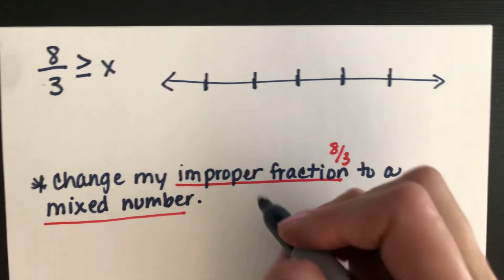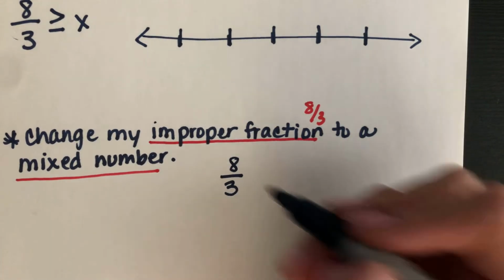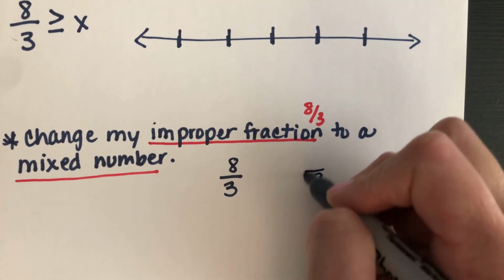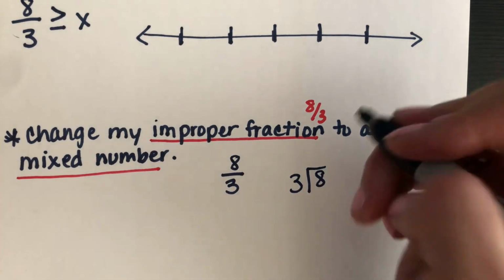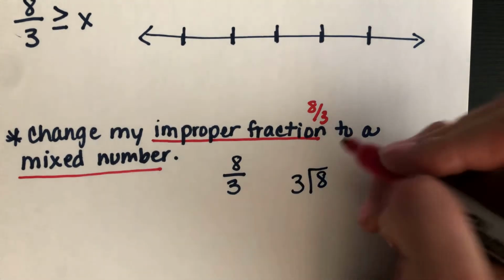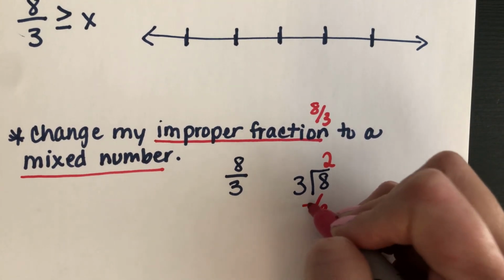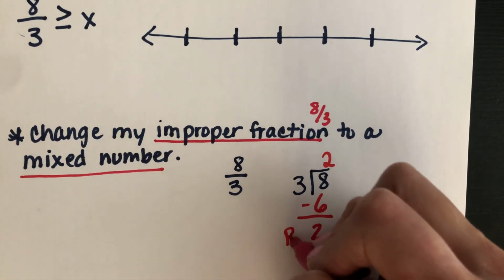So I take my 8/3, and as you remember, when it's bigger on top, it's a division problem, so it becomes 8 divided by 3. Well, 3 goes into 8 2 times. 2 times 3 is 6. I'm going to subtract and get 2, remainder of 2.